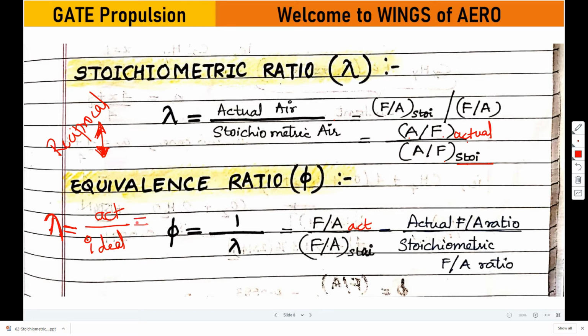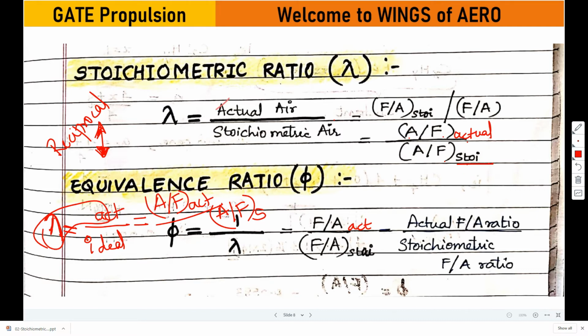Since lambda looks like A, I start with A by F as actual, then A by F of stoichiometric. If you remember it this way, there is a huge chance you can avoid the mistake. But if you memorize by heart, at some point there is a huge chance you can forget it. The formula is the same, always the actual by the ideal one.